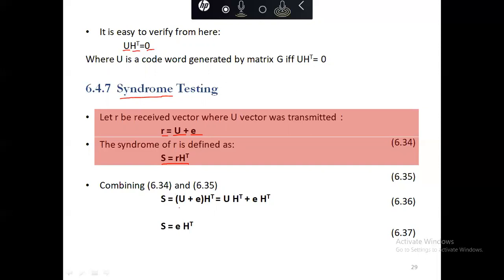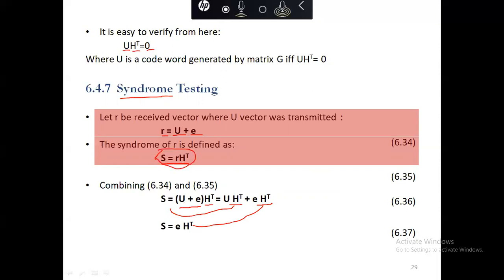So the syndrome is, in fact, the received vector, U plus error, times H transpose. So you have the two parts, U H transpose plus E H transpose, and E H transpose is also the syndrome. And U H transpose is zero. These two properties are used later on.